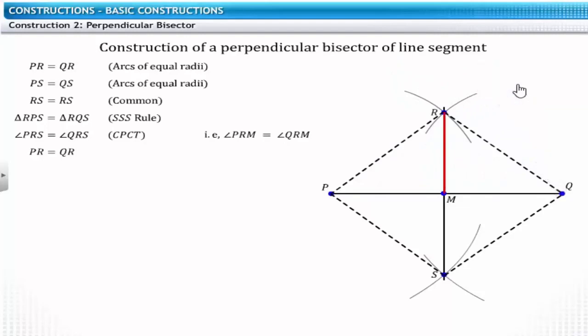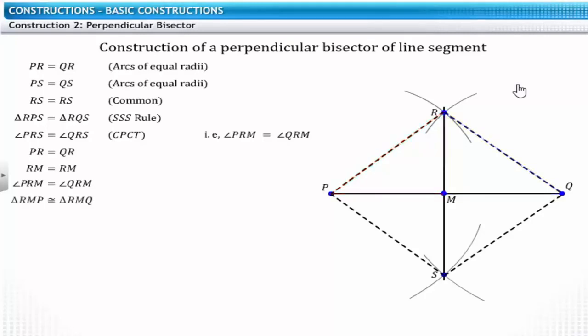RM is the common side. As proved above, angle PRM is equal to angle QRM. Therefore, by SAS congruence rule, the triangles RMP and RMQ are congruent.